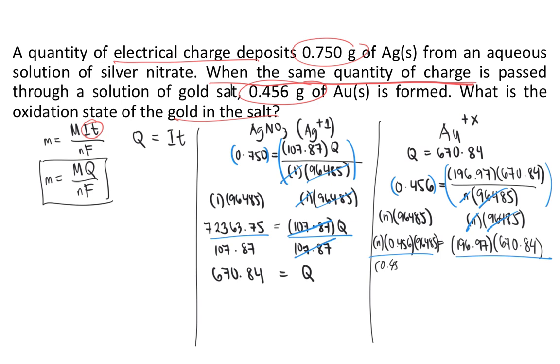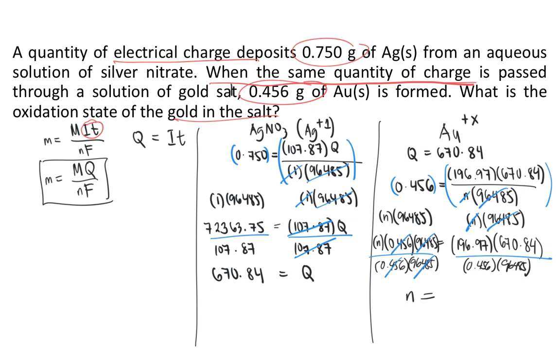To solve for n, we divide both sides of the equation by 0.456 times 96485. The 0.456 and the 96485 cancel on the left side, so what's left is n, the oxidation state. On the right side, grab your calculator: 196.97 times 670.84 divided by 0.456 times 96485.